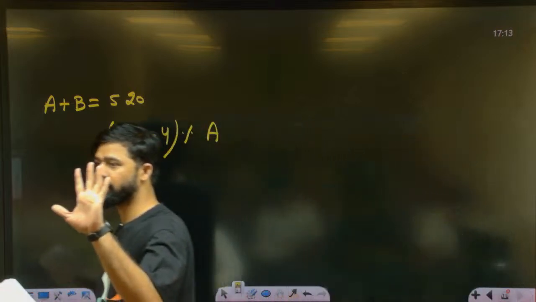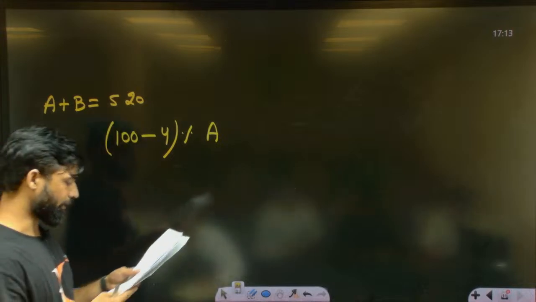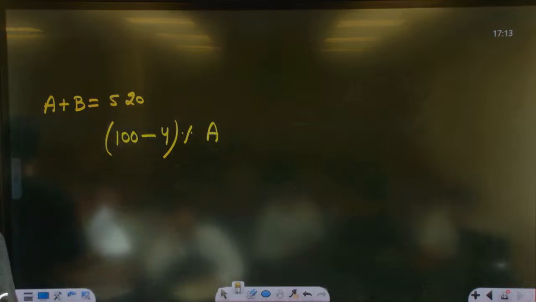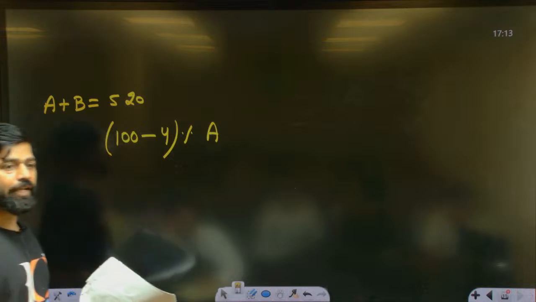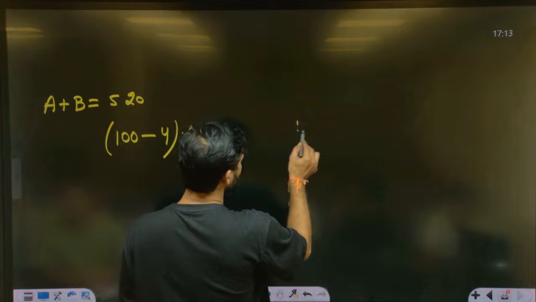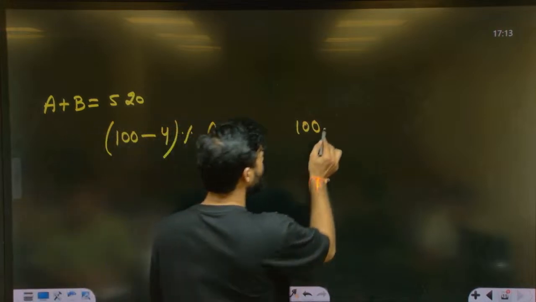Any problem in this? So let's read the other information: and the smaller number is increased by 12%. So B is obviously the smaller number because it is the other number only, and he has increased the smaller number by 12%. Earlier the value of B was 100%, but he has increased it by 12.